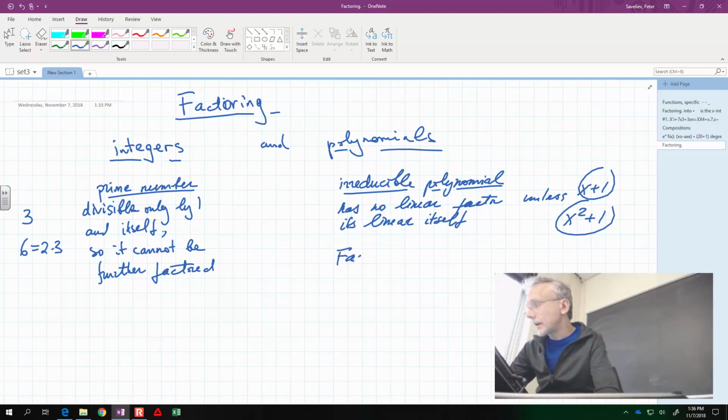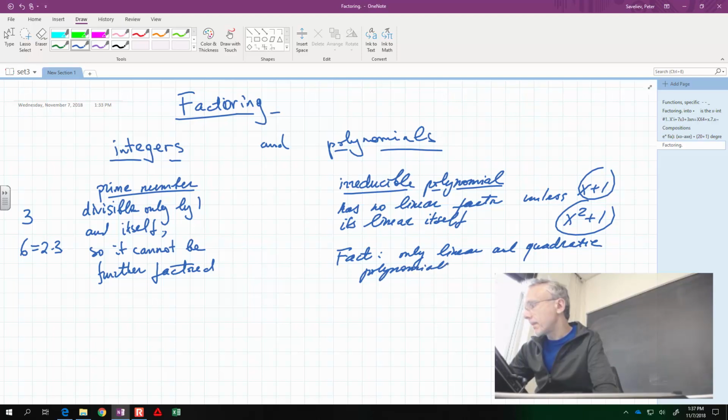there is a fact about polynomials that we need to mention here. Only linear and quadratic polynomials can be irreducible.